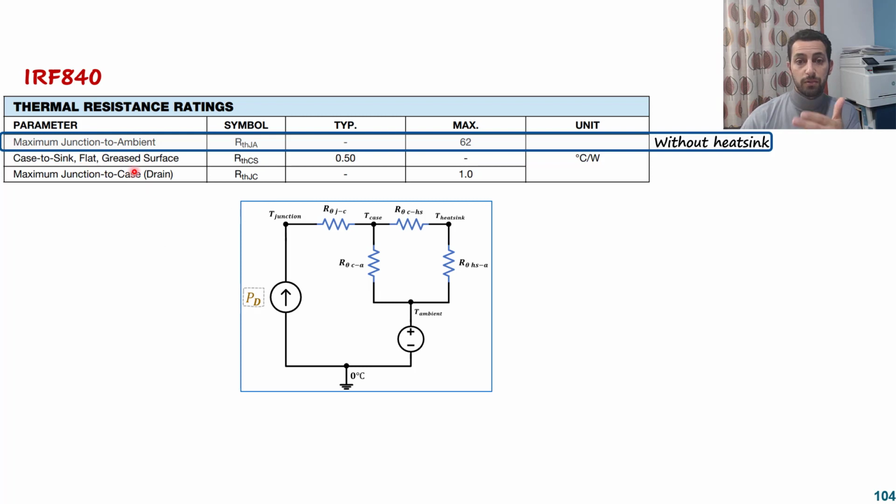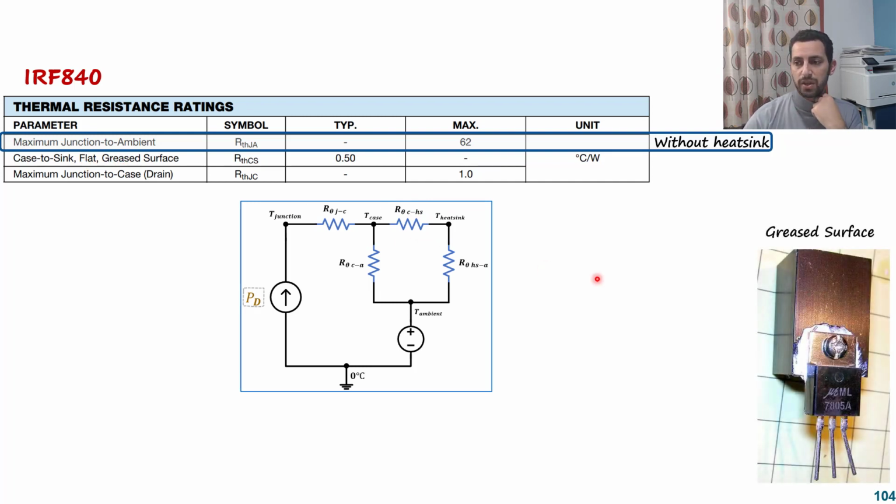But now we also have different values. This value is called case to heat sink, so I think we mean this one. Case to heat sink, and it says here we have a flat surface and greased. That means it looks like this. So it's a flat surface and the grease. That means we have some material that makes a good and perfect contact between the two surfaces, because we have some defects, and that grease will fill these defects and make a good thermal contact.